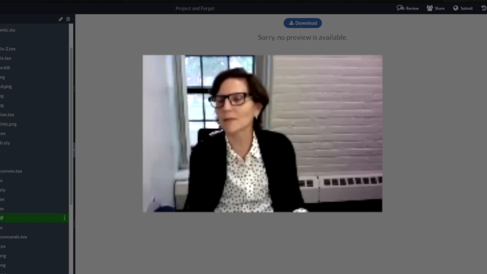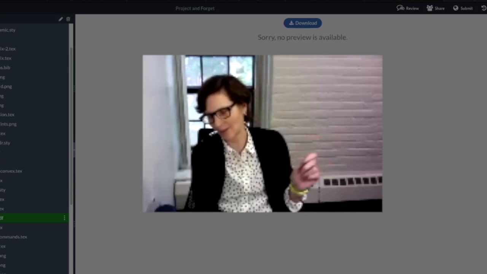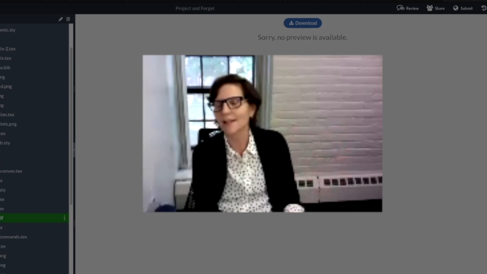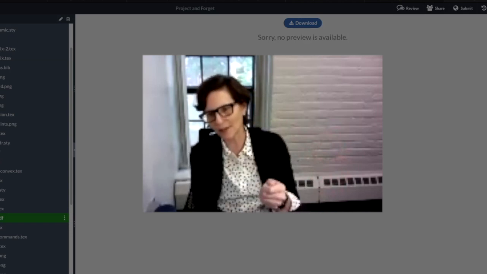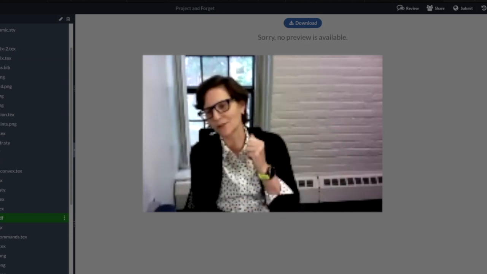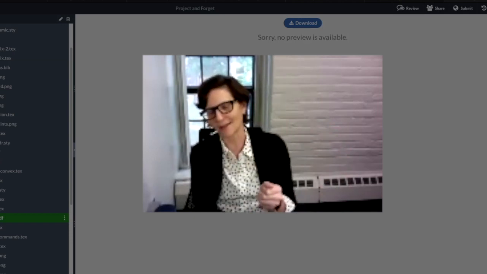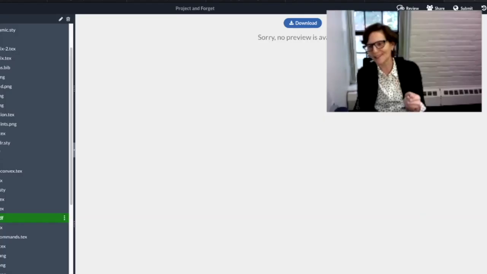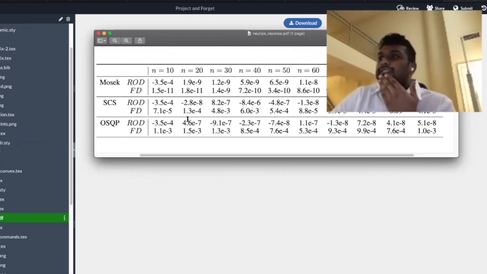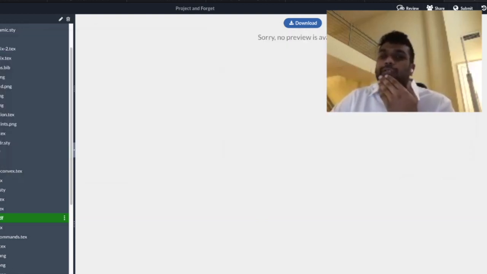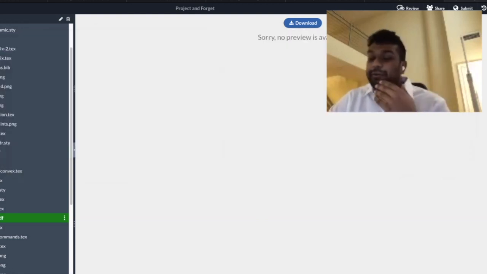So one thing about this process, I mean, it's frustrating. On the other hand, every time somebody asks us a question to poke at the paper, we do more experiments, and the evidence just keeps getting better and better. Yeah. So the most recent time people asked us for more convergence details of these other solvers, and we have this table which shows that they don't really converge as much as we do.